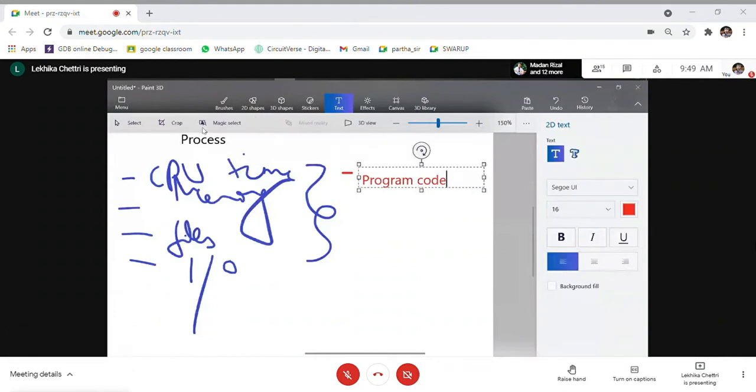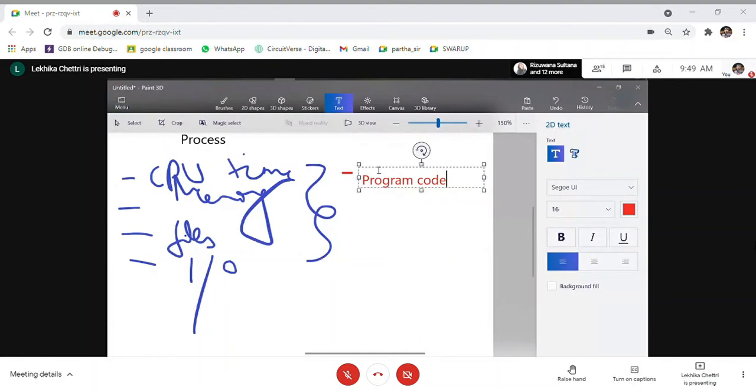So now I'm using this process concept for program code. It is also known as the text section having the source code. That means when I open this Paint 3D, there will be a program that is running in the background, and if you open this program, it will have some text, it will have some content in it.